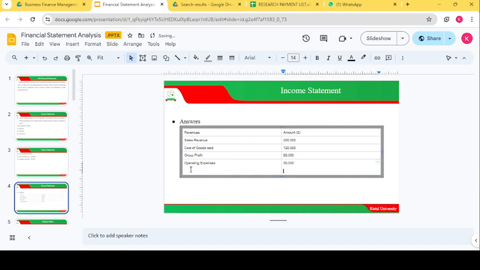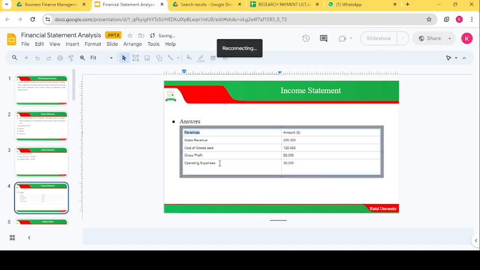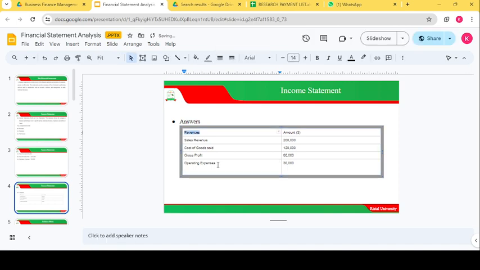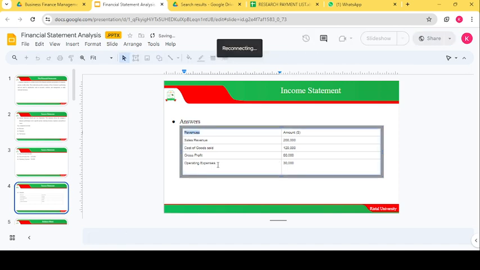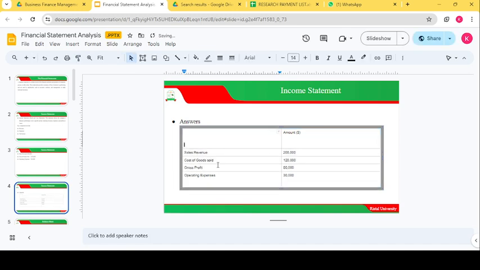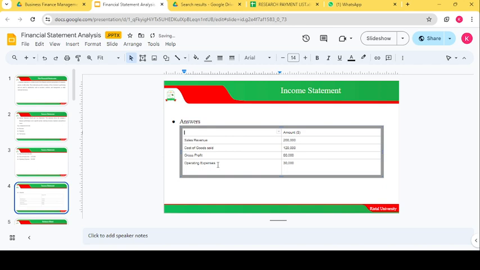So let's do our net. We come up with our net income.